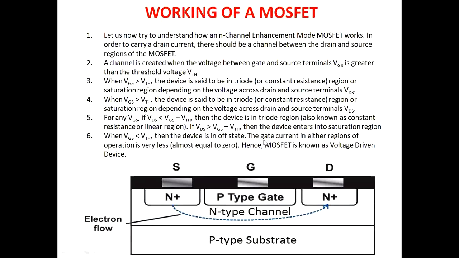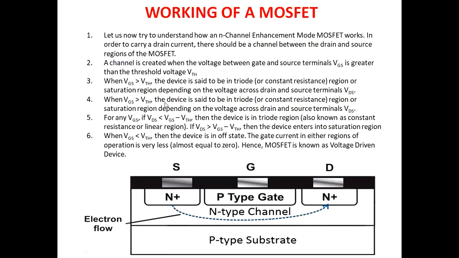The device is in the off state and no current is flowing from source to drain, which is called the drain current. So only when VGS is more than the threshold will it start conduction. So different regions are there, and it depends upon the VGS value what the operating region of the MOSFET is.